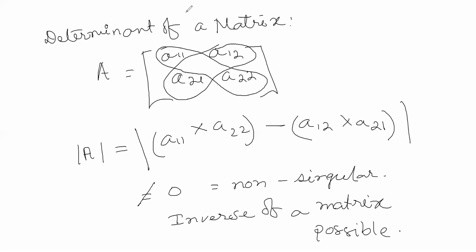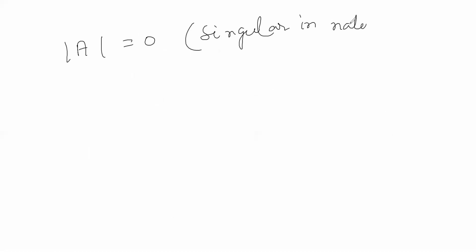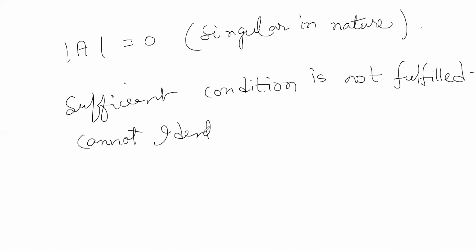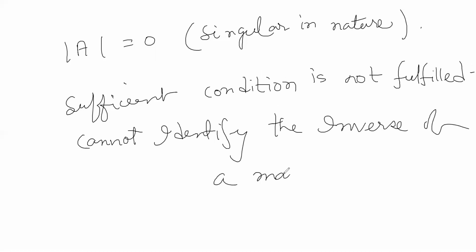However, if the determinant of A is equal to 0, that means it is singular in nature and the sufficient condition is not fulfilled, and in that case we cannot identify the inverse of a matrix.